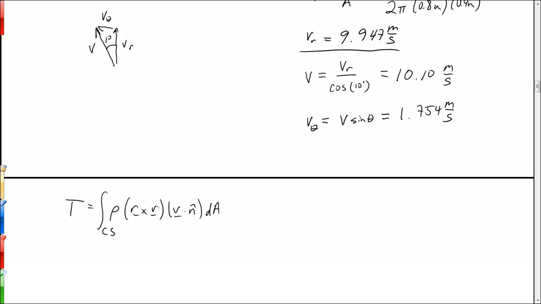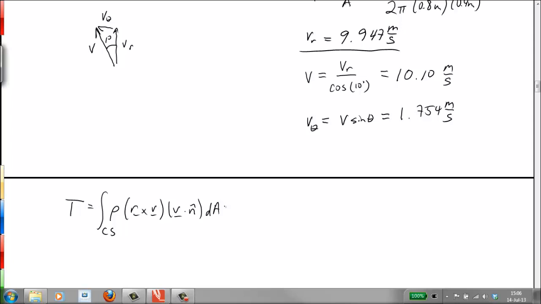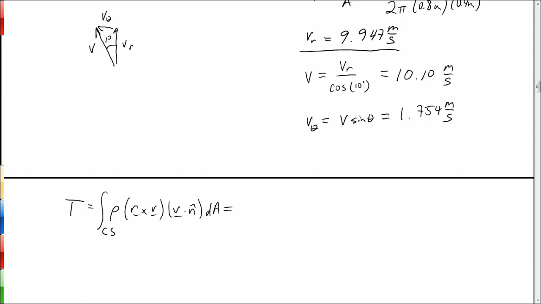Now r cross v, let's do this formally. Torque is a vector. So this is going to be the integral over the outlet of the density times the r vector, which is just the radius at the outlet, times r hat, crossed with the velocity, which I'm just going to write as Vr r hat plus V theta theta hat, which we just solved for above.